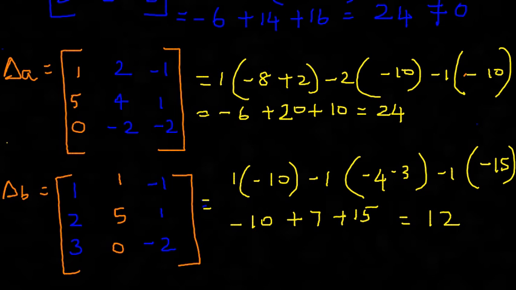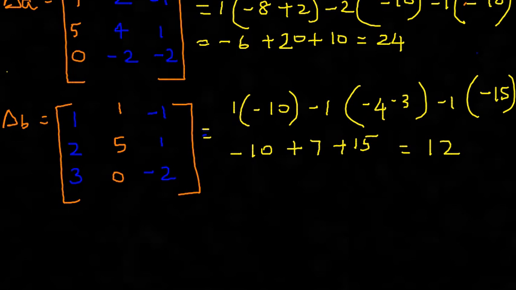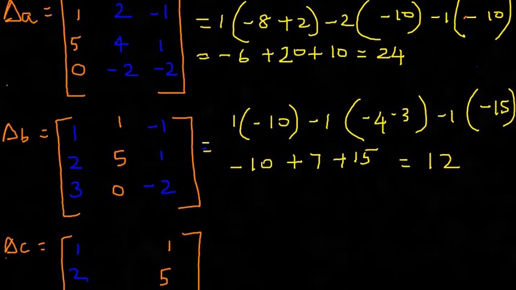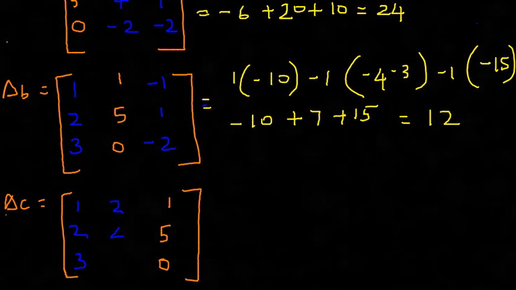Okay, now let's proceed to find del c. So we are almost nearing the end of the sum. So for del c, how will you write? Yes, correct. The resultant values you will write in the column of c. A and b will remain as it is. What was b? 2, 4, minus 2. Now let's expand this and find the determinant. So it is 1 and 2, 0, minus of minus 10.